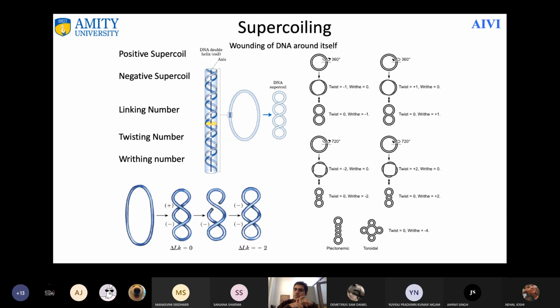In our case we have a local circular form, and it is not just like a circular DNA, but it forms because of the association of DNA with proteins that make a local circular form. That local circular form is actually the supercoiling. You can see that in a moment.